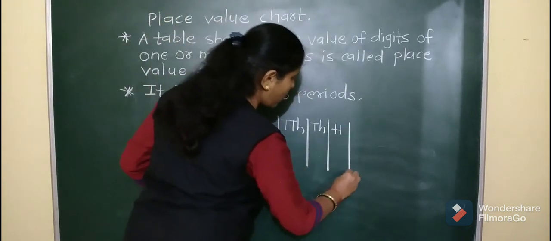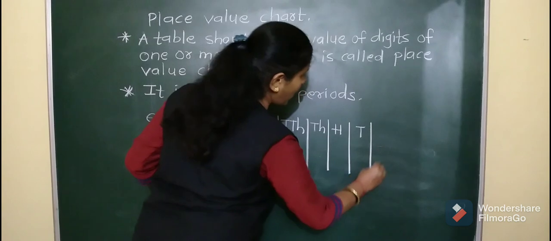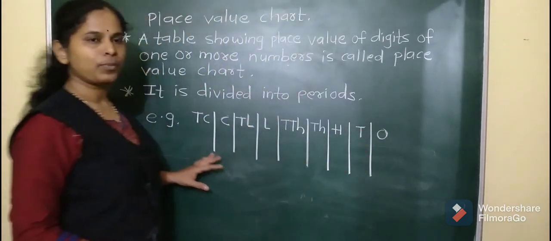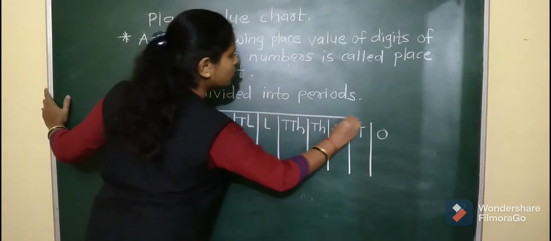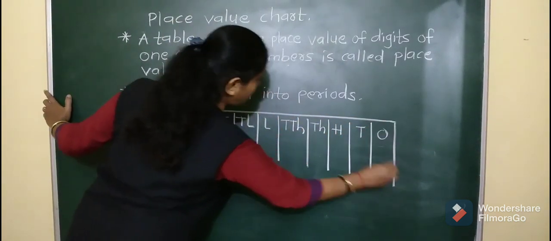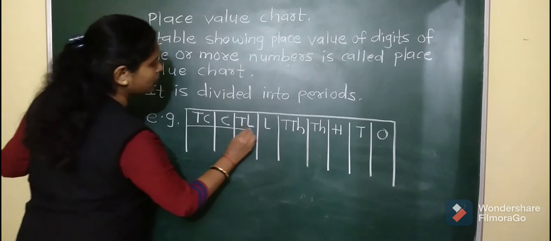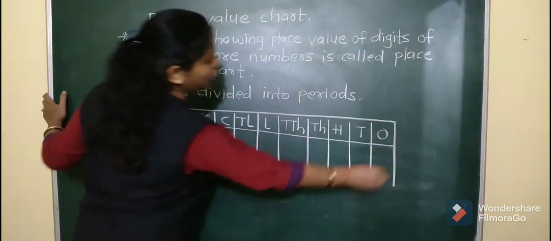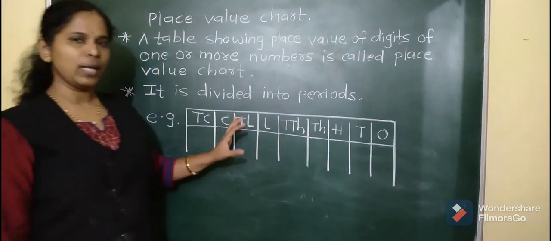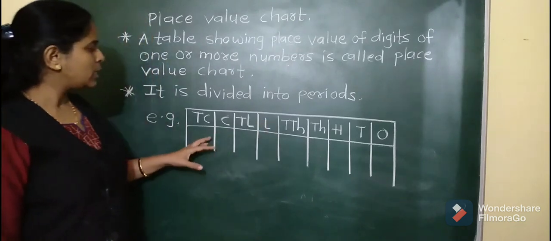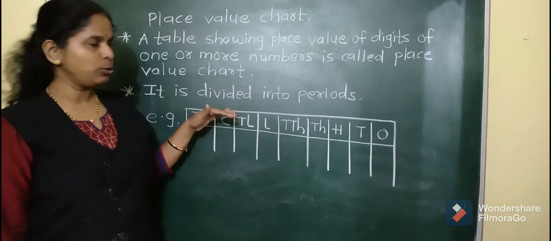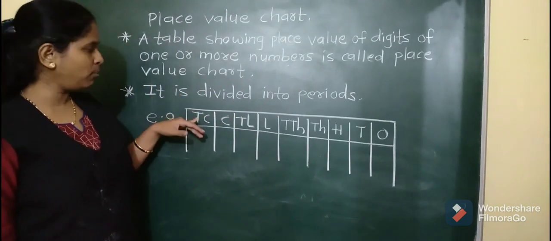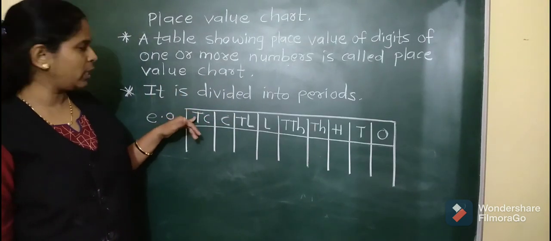Hundreds, tens and ones. In this way, we'll make one box, or we can say chart, and this is nothing but the place value chart. For 7, 8, 9 digit we are going to use it. So I have started from 10 crore. For 9 digit, we will require this place.